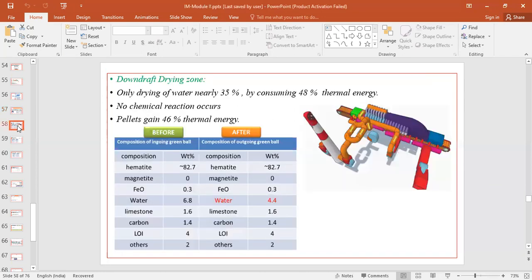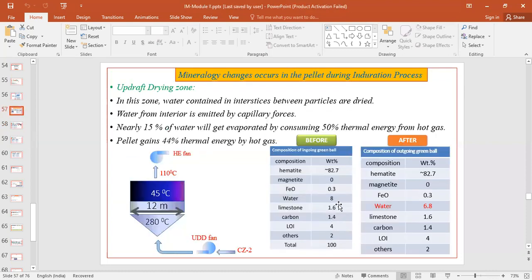Then the pellets are moved to the downdraft drying zone, where here also the only great difference is the removal of moisture. Only drying of moisture, nearly 35%, by consuming 48% of thermal energy will take place. There are no chemical reactions in the drying zone. Initially, as you can see in this picture, the water content is around 8%, reduced to 6.8%.